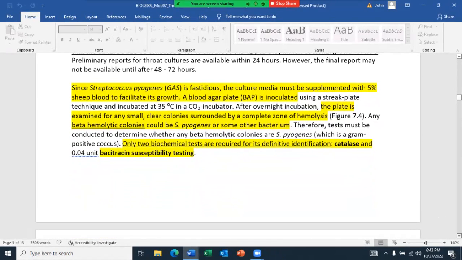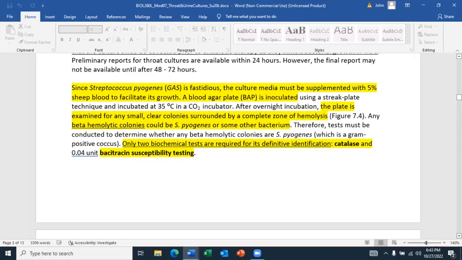Streptococcus pyogenes is fastidious, and so it is grown on a culture media supplemented with 5% blood, or we call this blood agar plate, or BAP for an abbreviation. The plate is then examined for any small, clear colonies surrounded by complete zones of hemolysis. This is beta hemolysis.